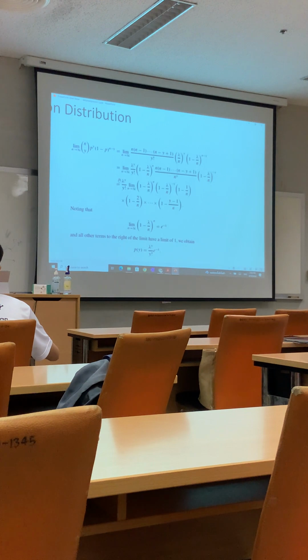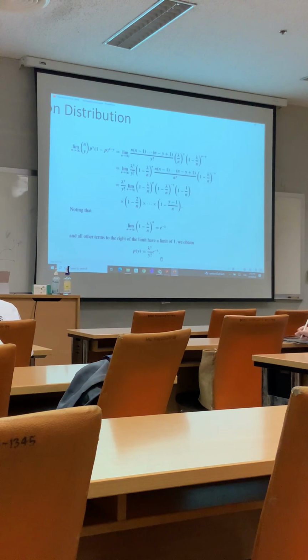So eventually we have lambda to the power y divided by y factorial, and whatever is in this limit just boils down to e to the power of minus lambda. It looks complicated, but just to say that we started with binomial, we take the limit of n to infinity, and we got the PDF of a Poisson distribution.